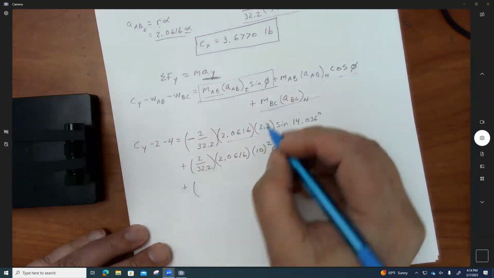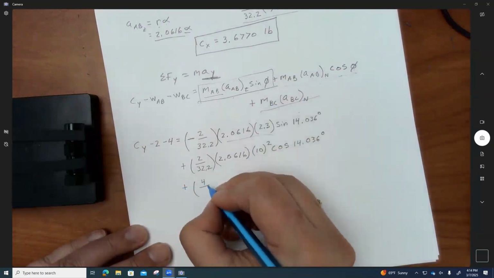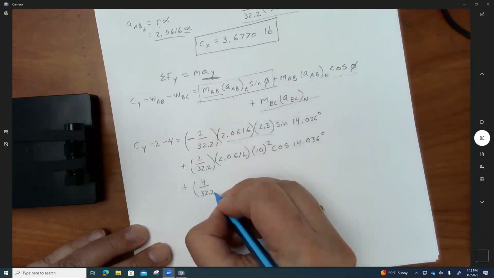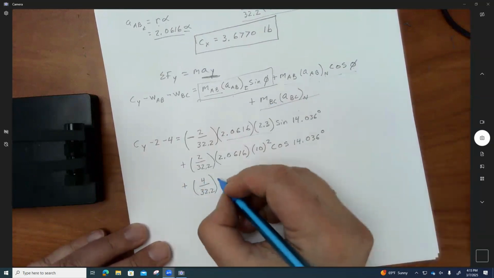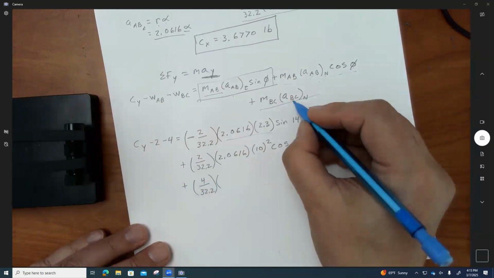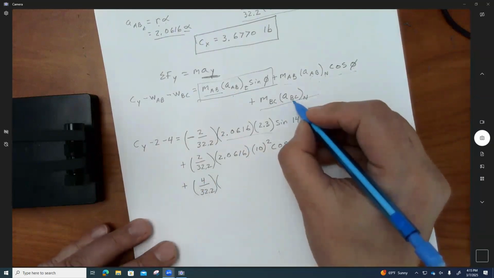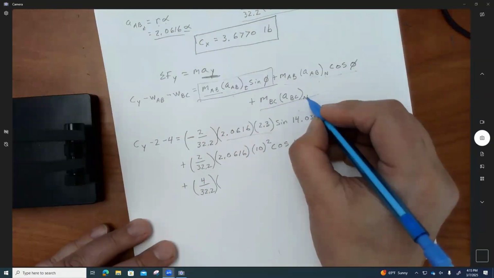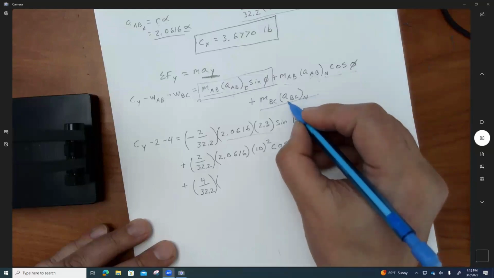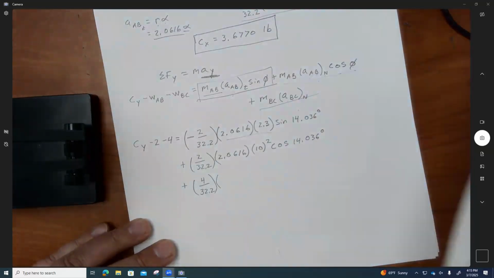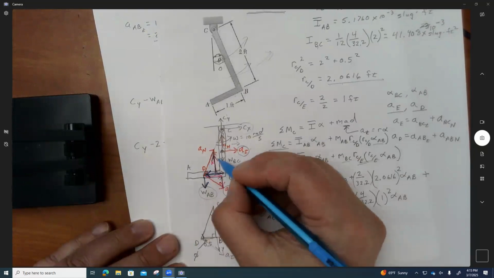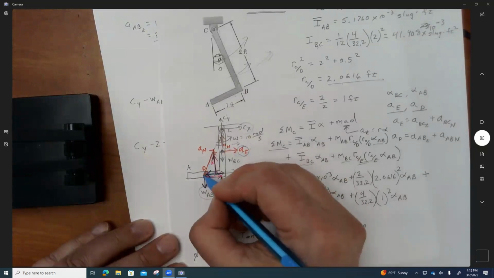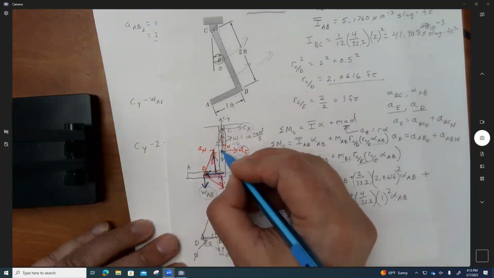And now let's do the last one. Plus, we have a different weight, 4 divided by 32.2 to get it into mass. And we have our acceleration in a normal direction. And we've got a different R component. So this is farther away from C than E is.